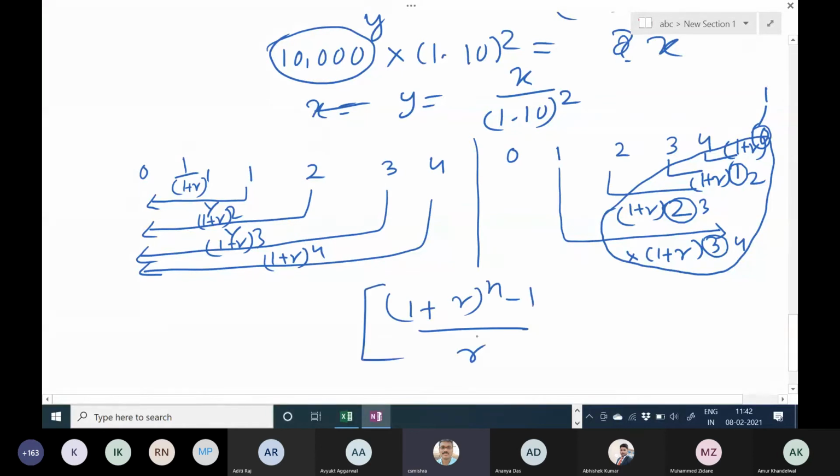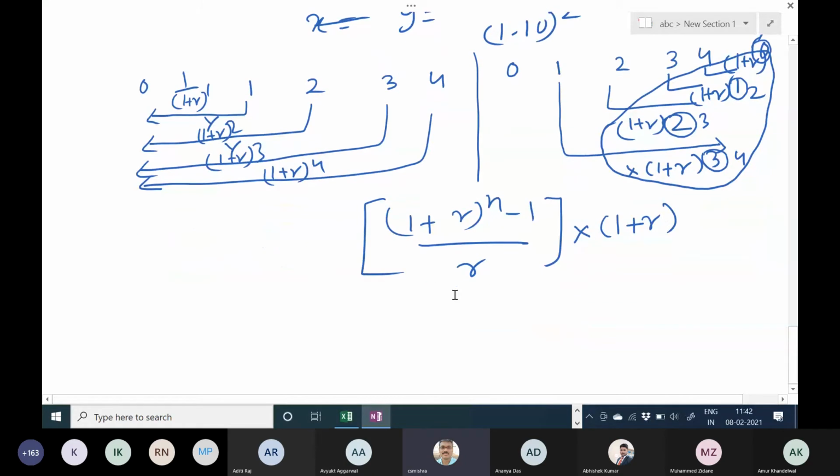So to this formula, if I have to convert this into annuity due, what should I do now? I multiply by 1 plus r.